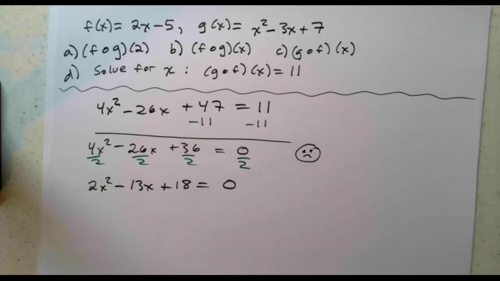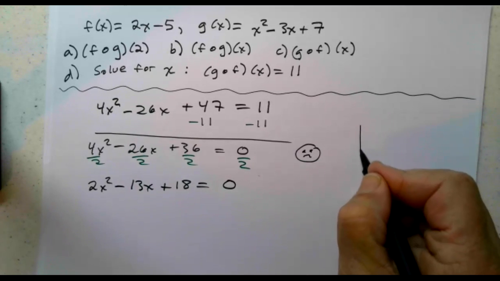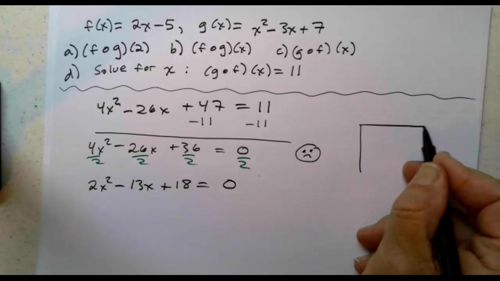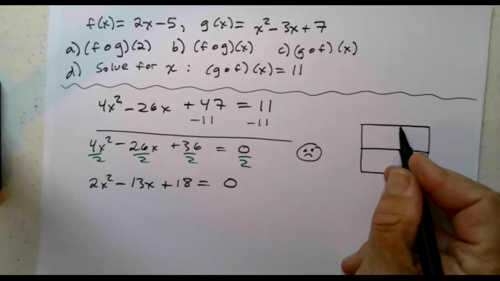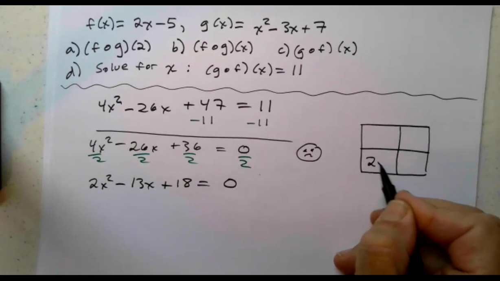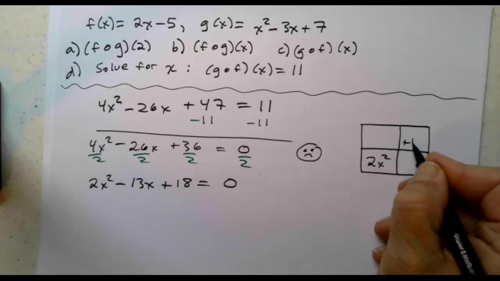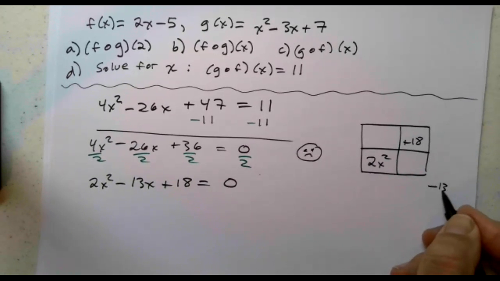Is this factorable, or shall I use the quadratic formula? That's the question you can ask yourself. Let's try to factor it. Let's see if we get anywhere quickly with this. So I have 2x squared and I have 18, minus 13x.